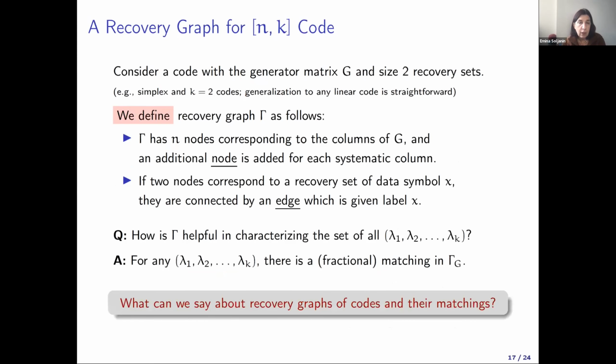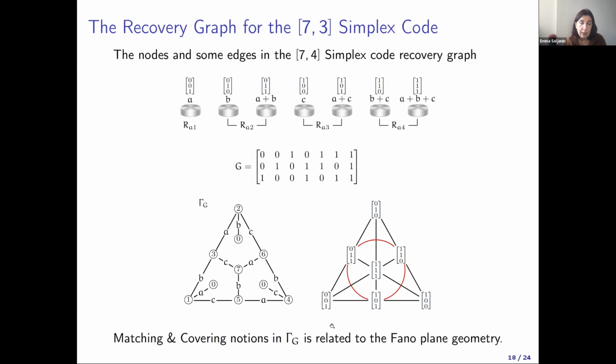But it's a combinatorial object, which is kind of similar to this Fano plane, but only combinatorial. So matching on these graphs and geometry on this Fano graph are related. I actually realized how only in the process of writing this proposal.